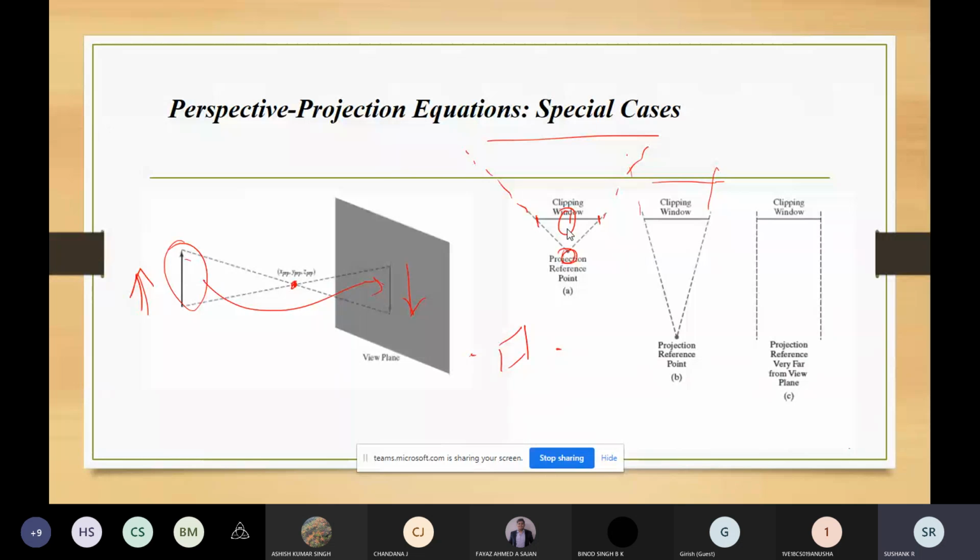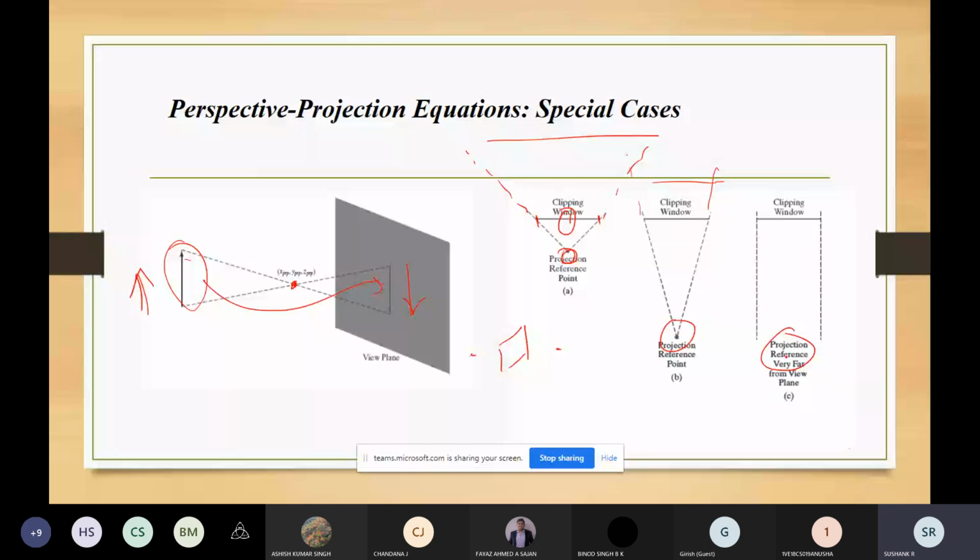Similarly, when the projection reference point is moved farther from the view plane, the difference in size will also decrease. When the reference point is very far, it will be like a parallel projection.